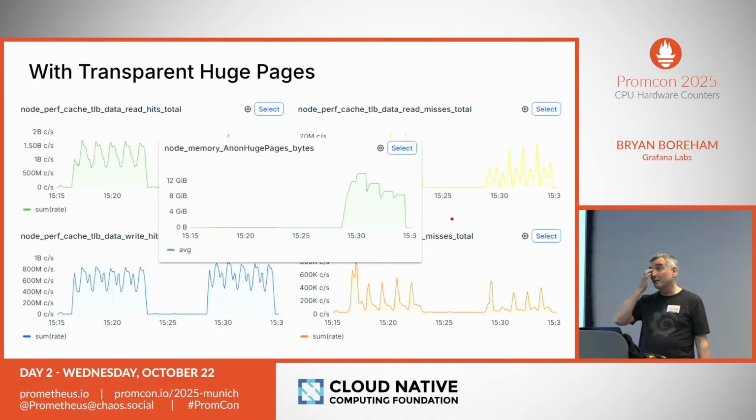This is another Node Exporter metric, an operating system metric. It gave me 12 gigabytes of huge pages, and then it actually stepped down. That's kind of interesting. There's a daemon in Linux that tries to decide how many huge pages you need. It's running the same benchmark multiple times over.